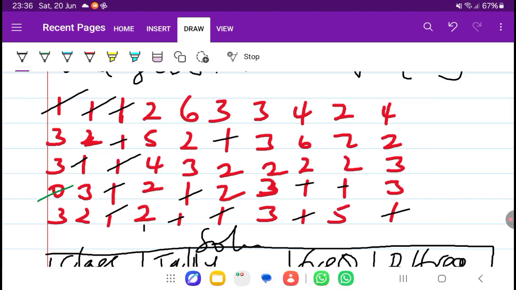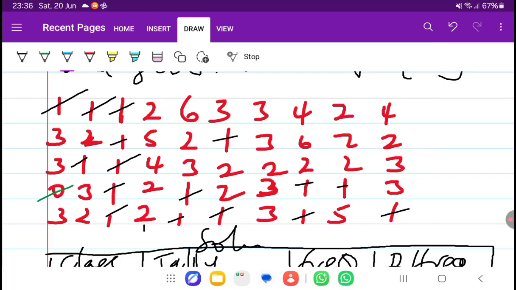So we count how many ones are we having? 1, 2, 3, 4, 5, 6, 7, 8, 9, 10, 11, 12, 13, 14, 15, 16. There are 16 ones that we have.